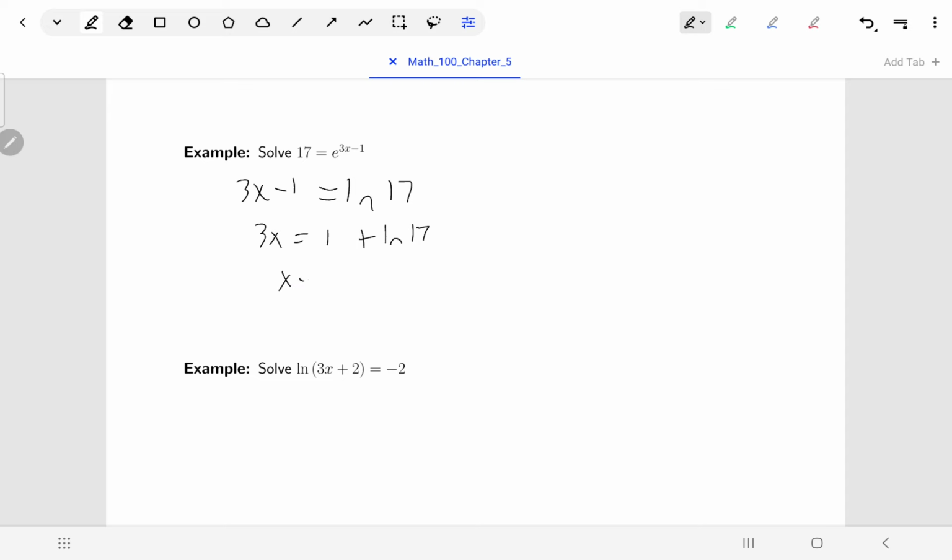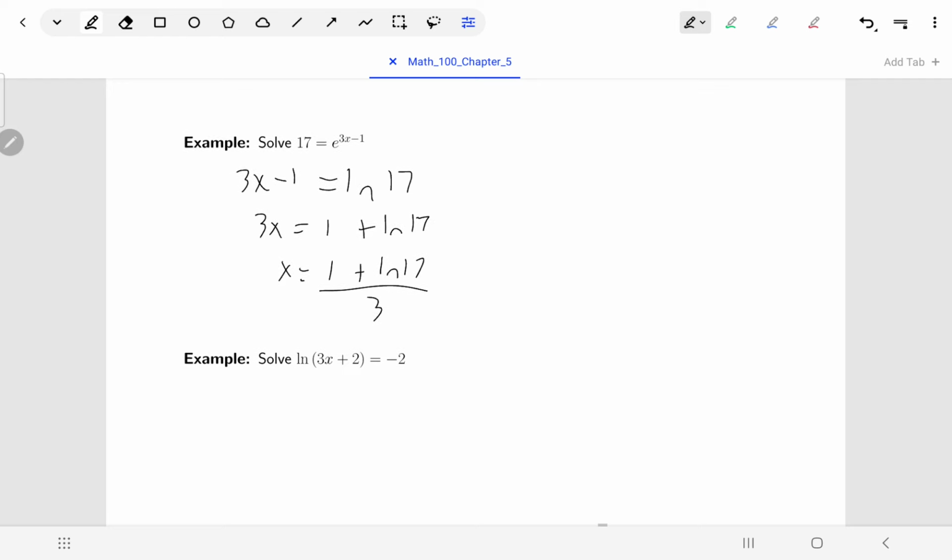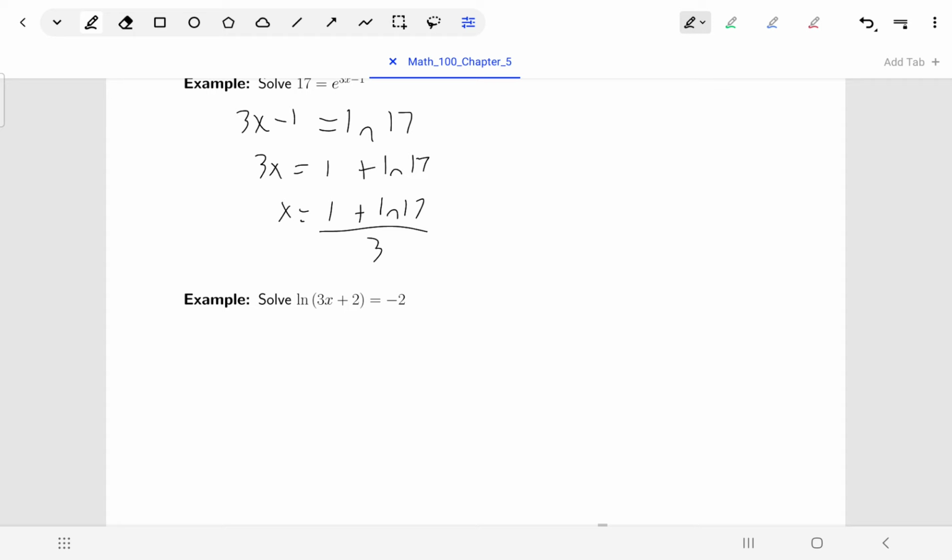And I have x is 1 plus natural log of 17, whole thing divided by 3. And similarly, any natural log equation I can now solve, because if natural log of 3x plus 2 is negative 2, then I know that e to the negative 2 would be 3x plus 2. And then in the same way, I can go ahead and solve for what x is.